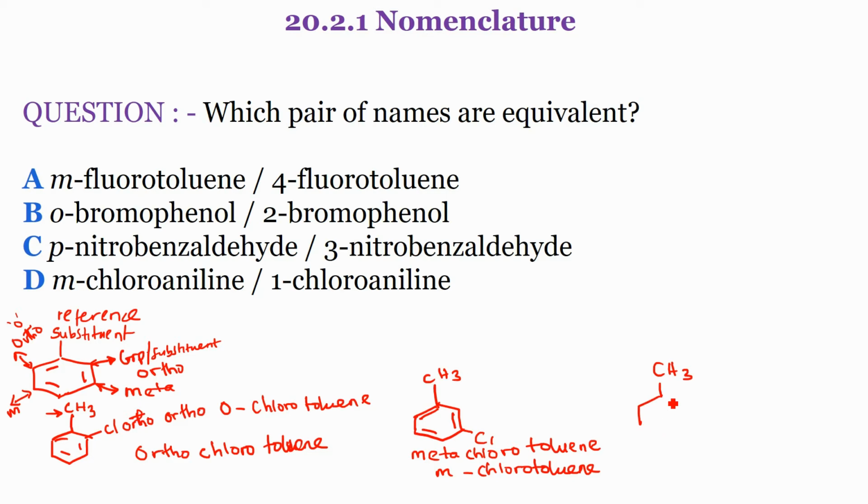If the chlorine is directly opposite to your reference group, which is our reference group because the parent name is toluene, this position is called para. So the name will be para-chlorotoluene. That position there is para.